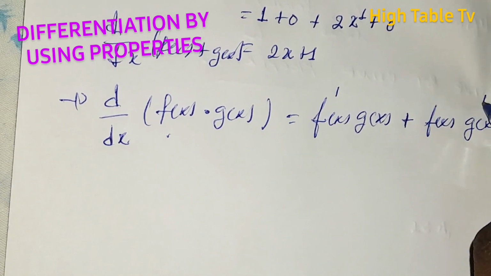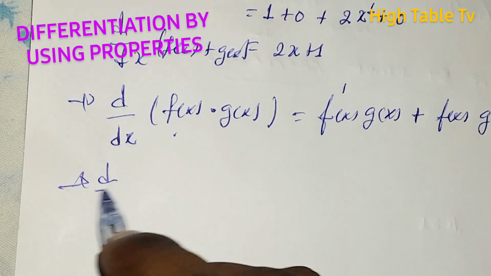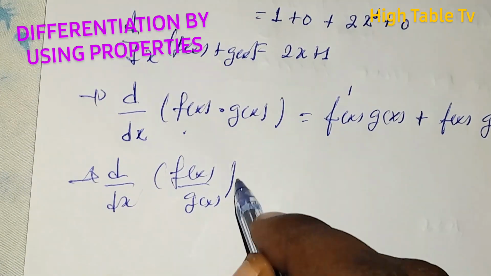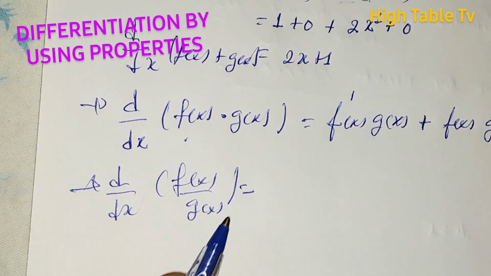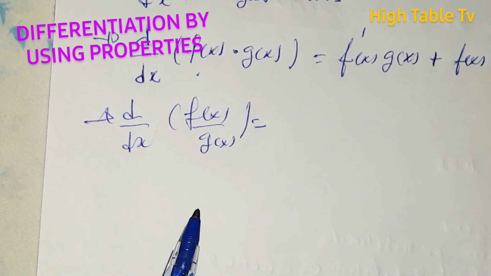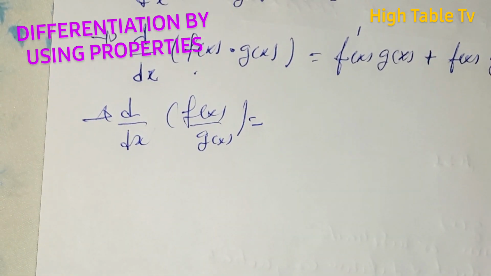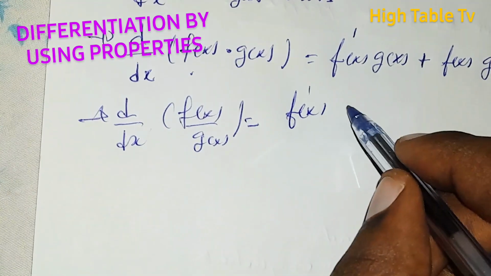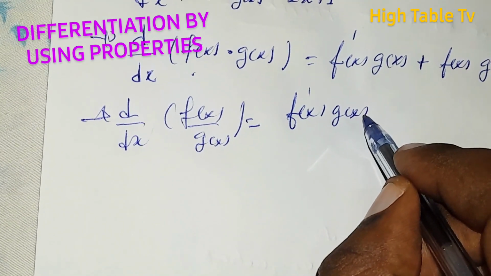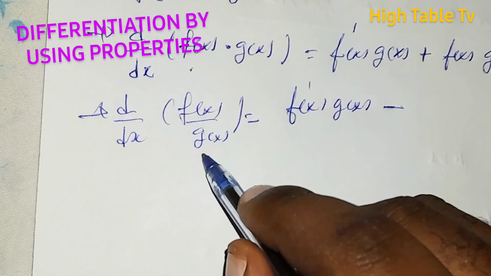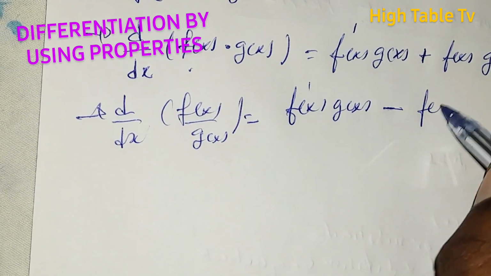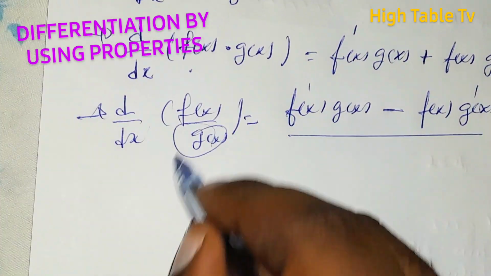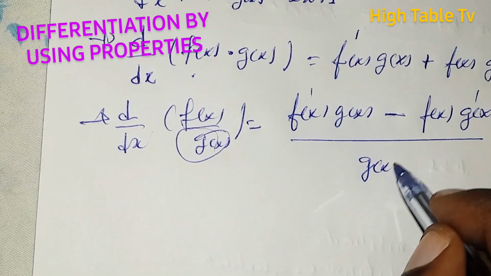It will be the same if you have d over dx of f(x) over g(x). Here it will be the same as for the product, but there is a little difference. If you have this one, you have the derivative of f(x) as the first function times g(x) non-derivative, negative, because we are making the quotient, f(x) non-derivative times the derivative of g(x), over the denominator function, which is equal to g(x) squared.